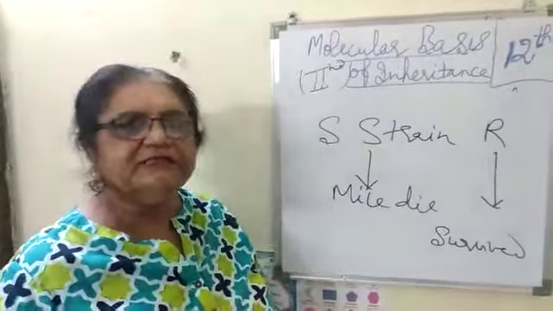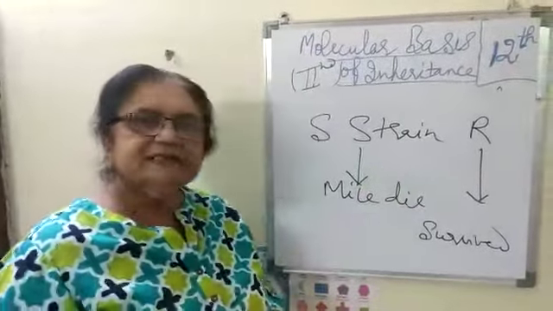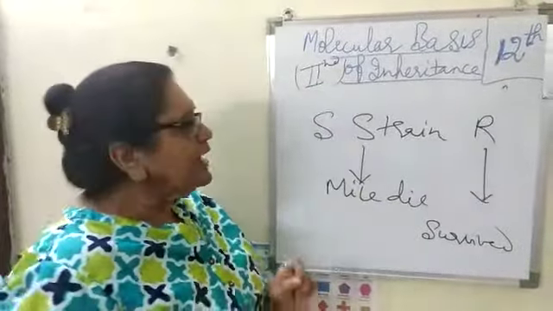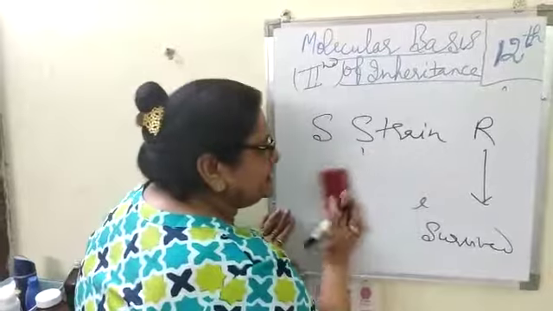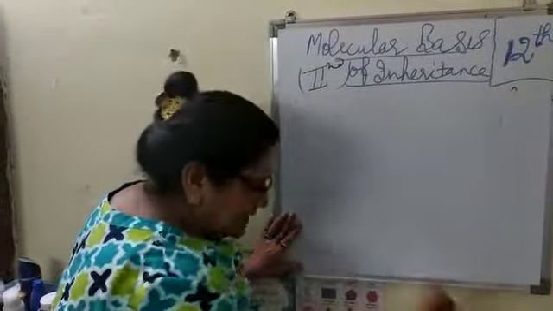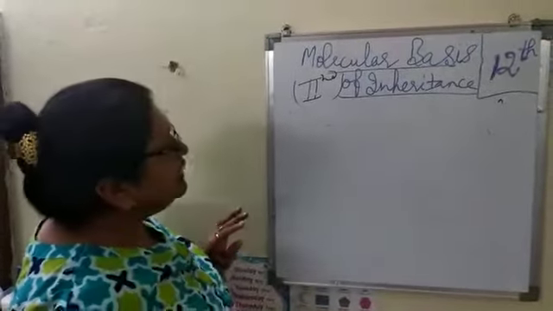Virulent means it causes disease, here pneumonia. R is non-virulent. So S is virulent and R is non-virulent, two strains of the bacteria culture. S: mice die. R: mice survived.